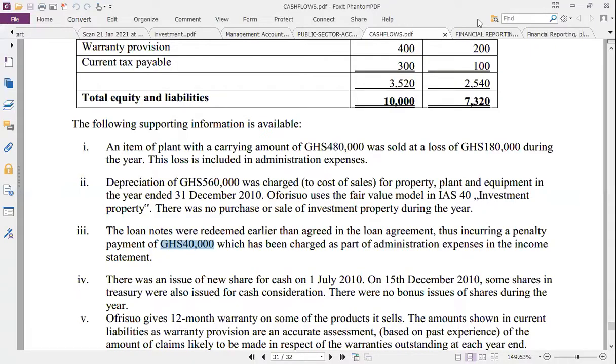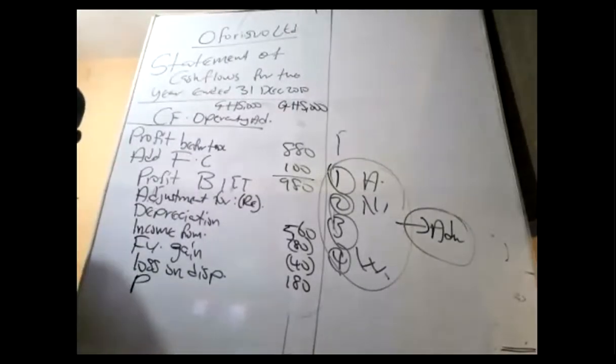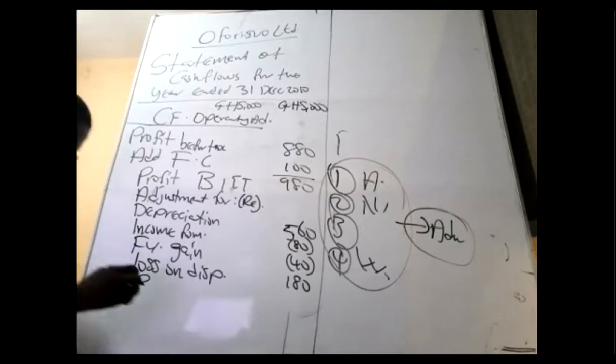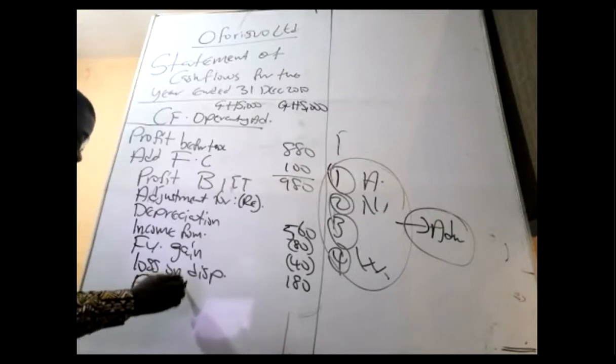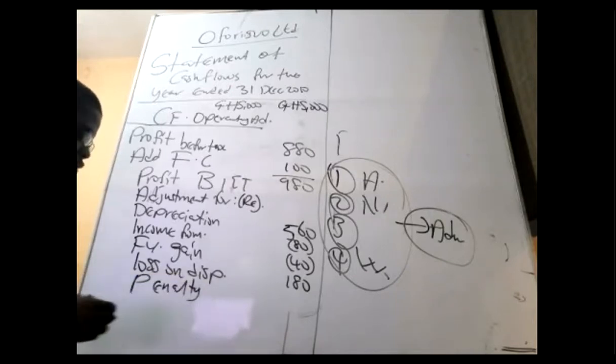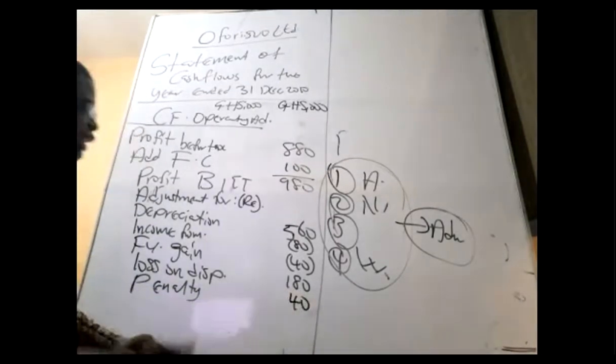So let's go and reverse it. Let's examine the penalty. It needs to be reversed, 40,000. They have subtracted it, so let's add back.